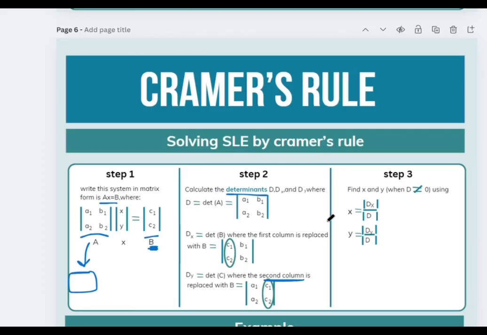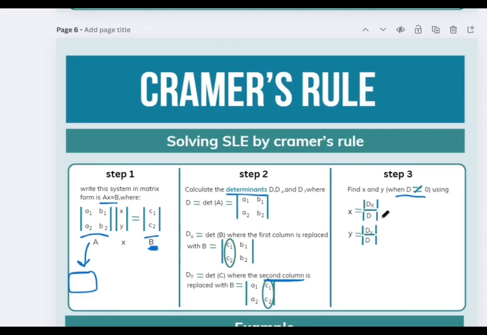Finally, we reach our last step, find x and y. x is simply determinant Dx divided by determinant D, while y is determinant Dy divided by determinant D. Note that D must not equal 0 to use Cramer's rule, because when divided by 0, it becomes undefined.